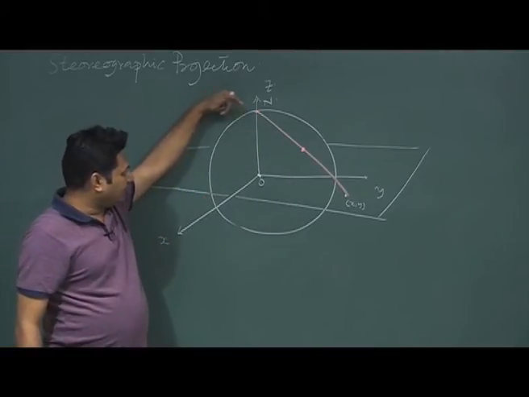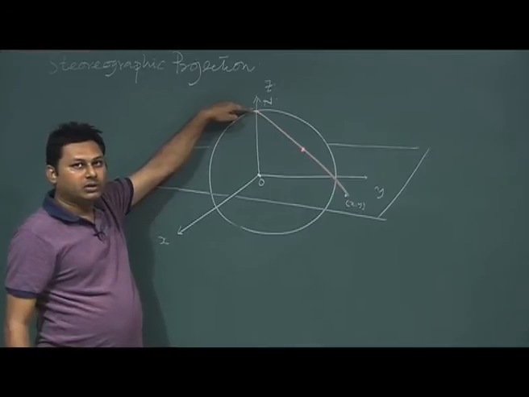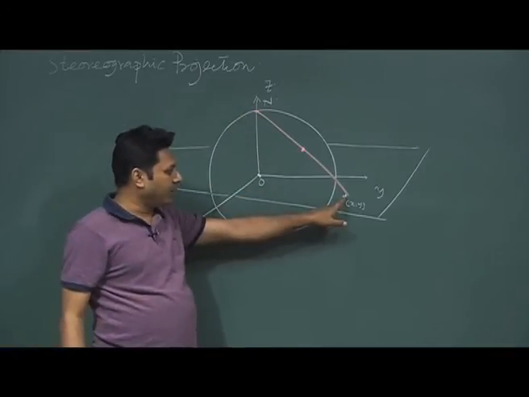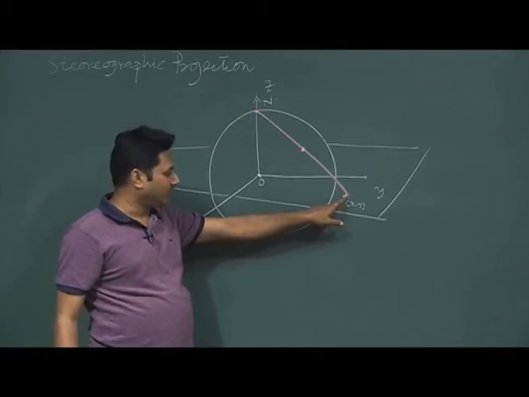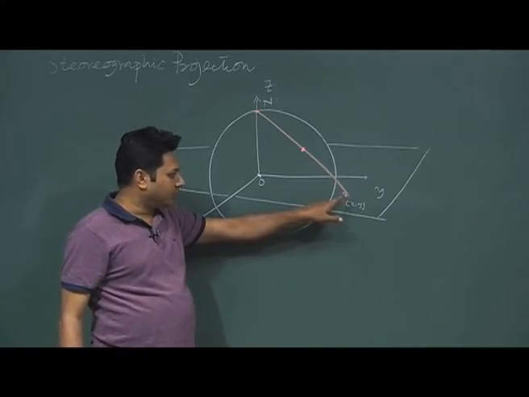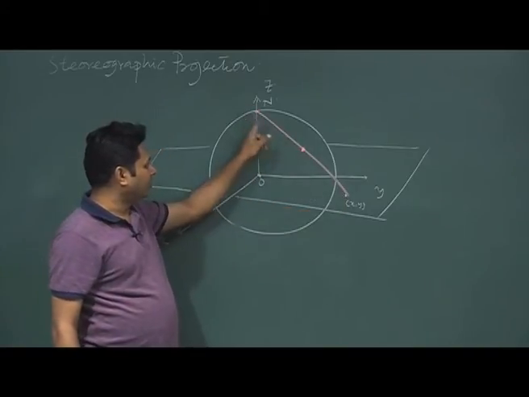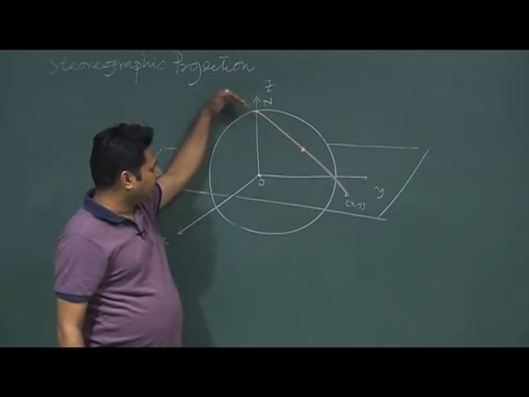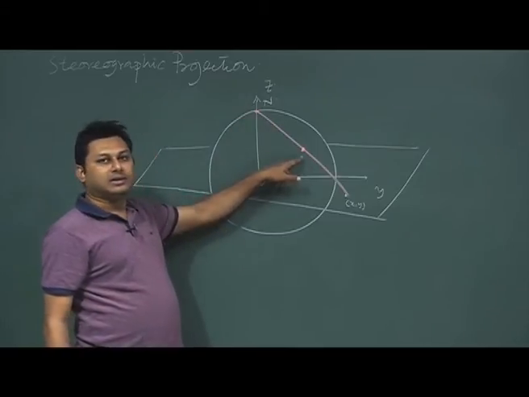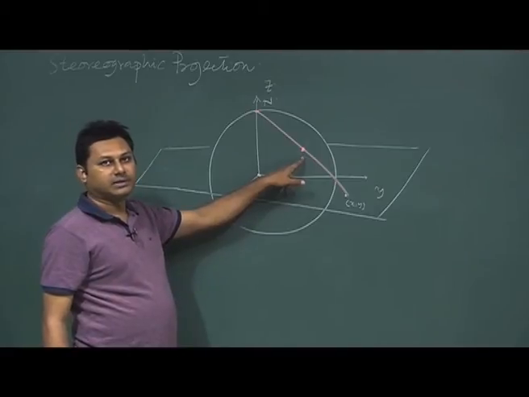I am drawing a particular line here, starting from the North Pole and joining the point which I try to find out. So xy is a point which I need to find out. When I join that, this line must cut the surface of this sphere at some point here.